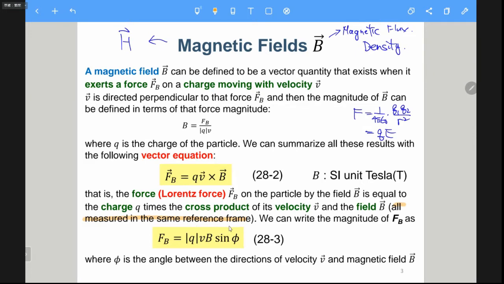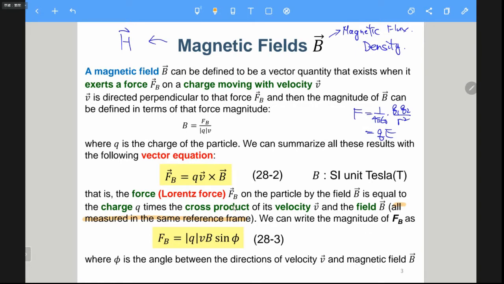We will talk about inertial reference frames later in this semester when we talk about special relativity. So we can write the magnitude Fb as Fb equals QVB sine theta, where theta is the angle between the direction of the velocity v and the magnetic field B.